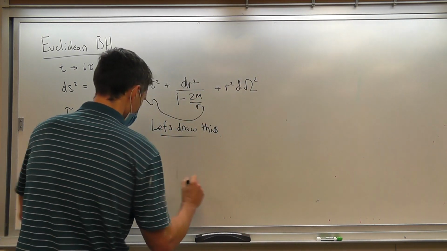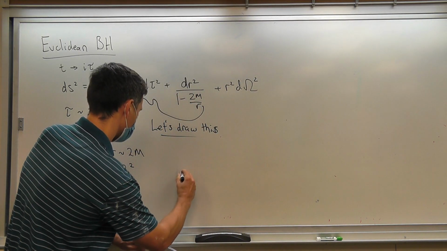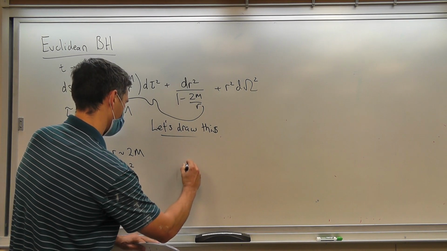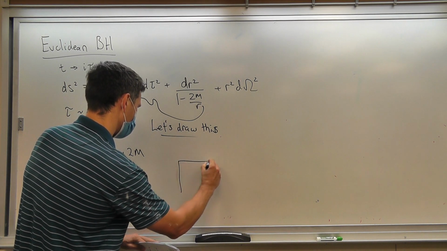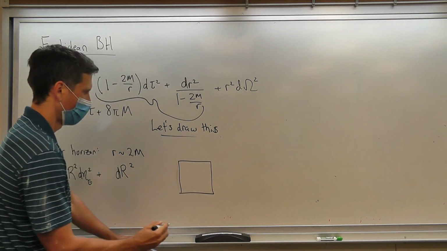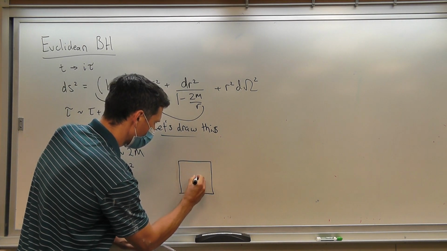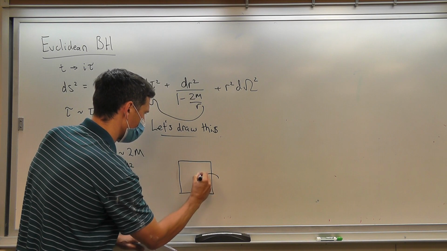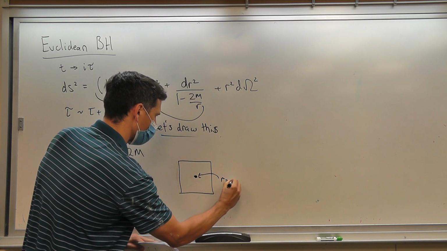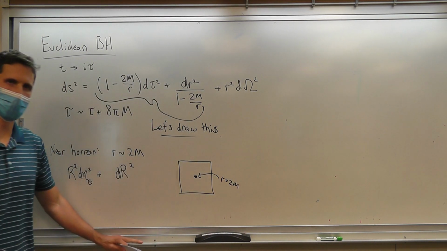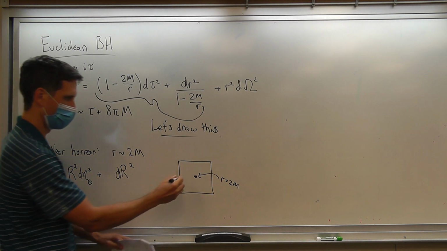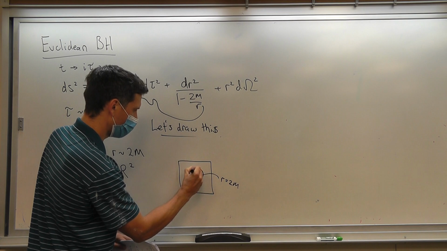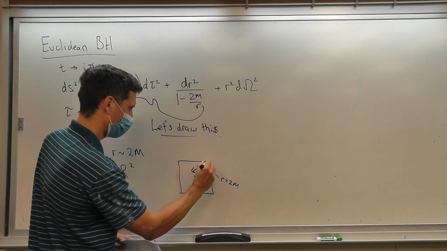So it just looks like a plane. And the point r equals 2m is the origin in polar coordinates. So that's a point. And tau is identified.